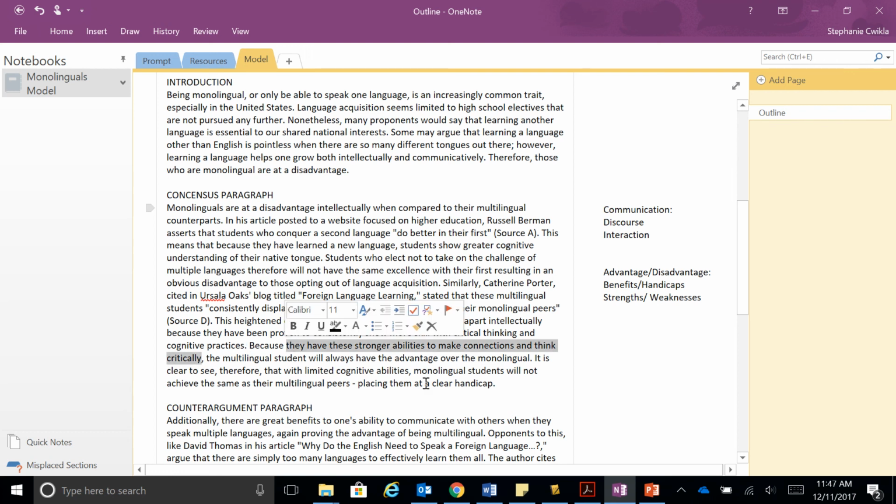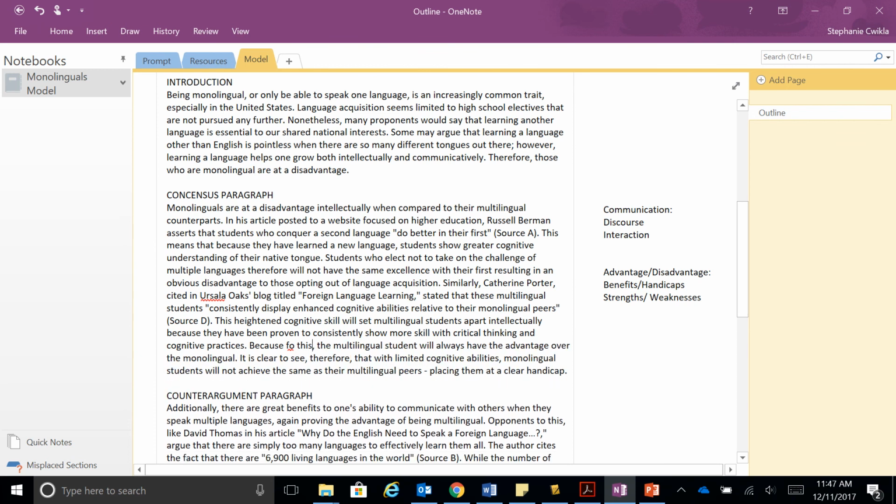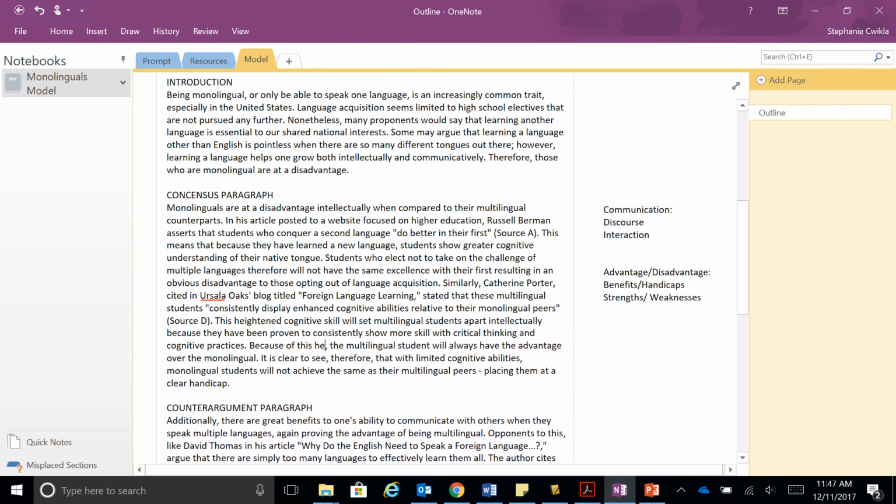Because of this heightened ability, the multilingual student will always have the advantage over the monolingual. It is clear to see, therefore, that with limited cognitive abilities will not achieve the same. Okay, that's saying the exact same thing as the sentence before.